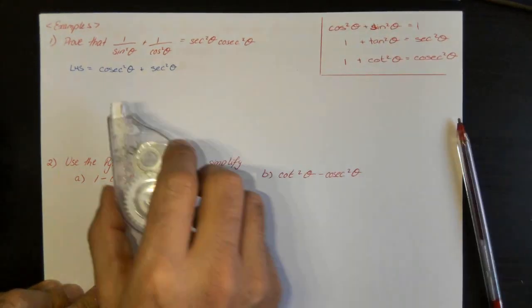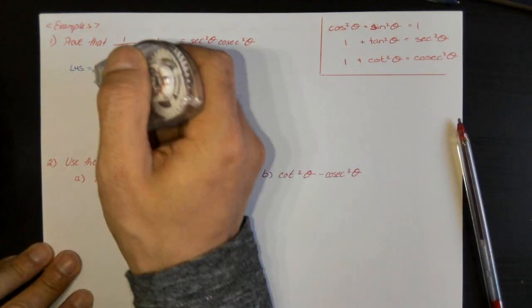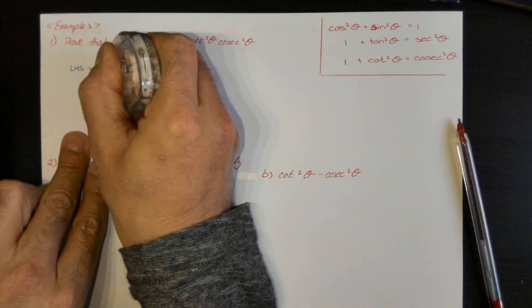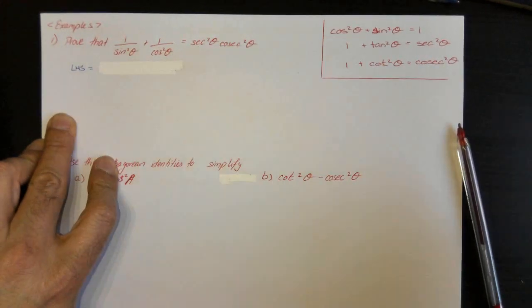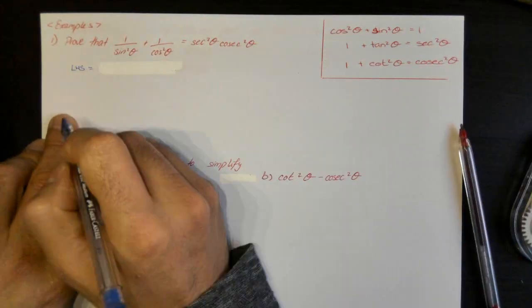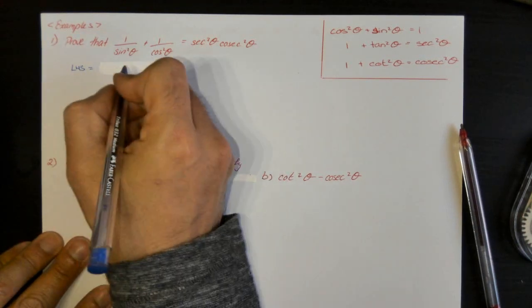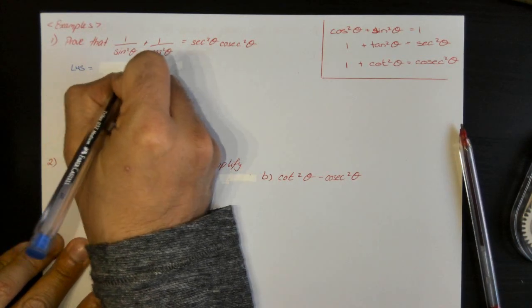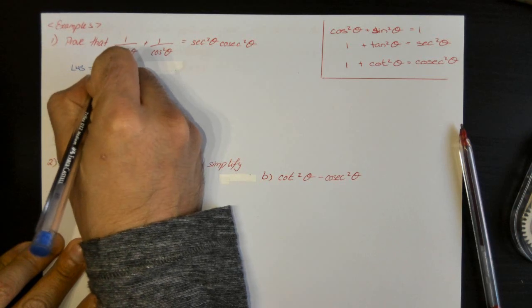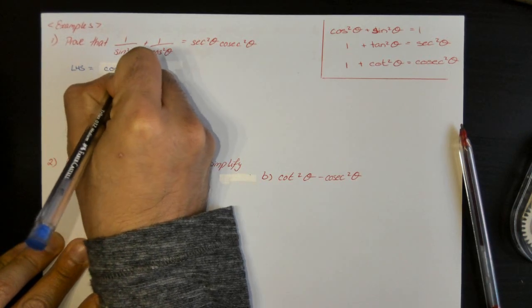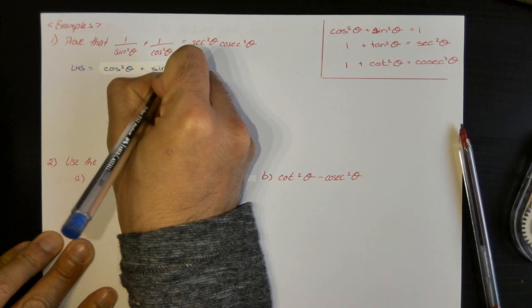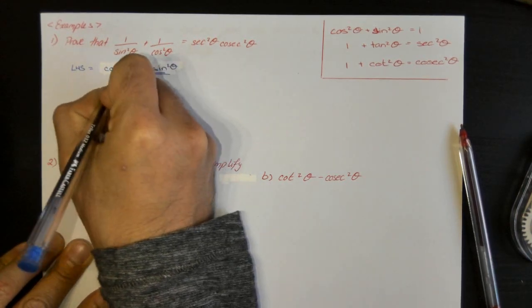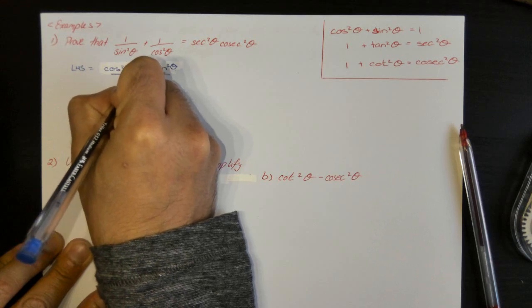But we want to get to the right-hand side, so let's actually stay with the fractions. Let's go back. Let's add the fractions first. If I want to add the fractions, I go times that by cos, times that by sine, and the denominators multiply together.